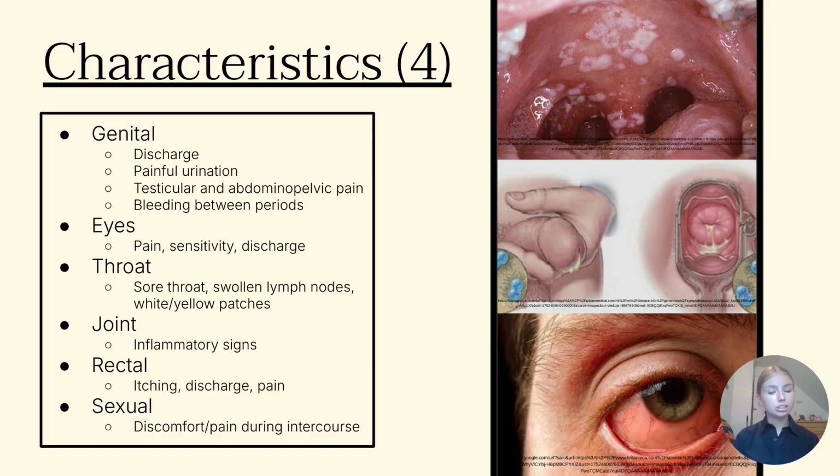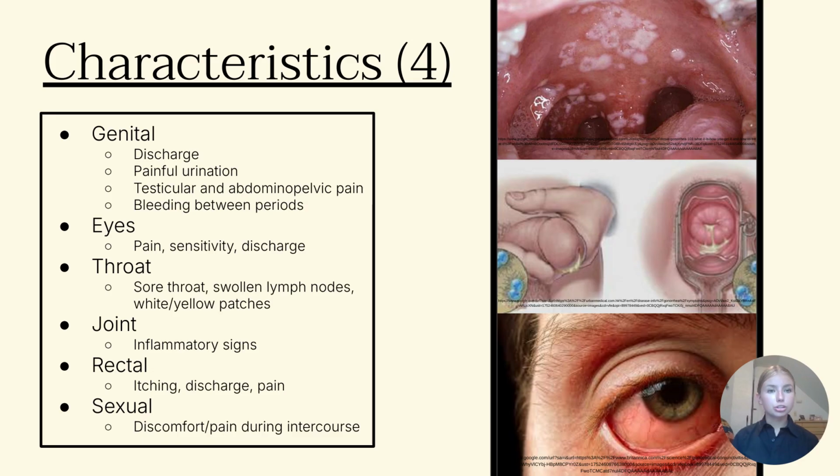If gonorrhea spreads into the joints, a person may be met with the typical signs of inflammation, which include redness, heat, and swelling in the area. If gonorrhea has infected the rectum, a person may be met with itching, discharge from this area, and pain. A person infected with gonorrhea may also have discomfort or pain during intercourse.